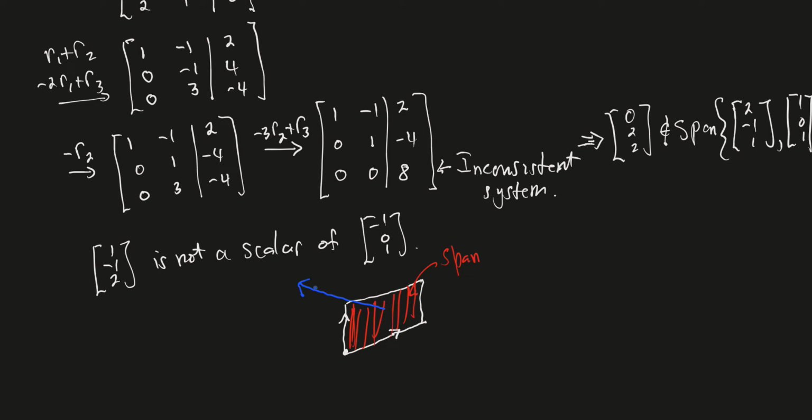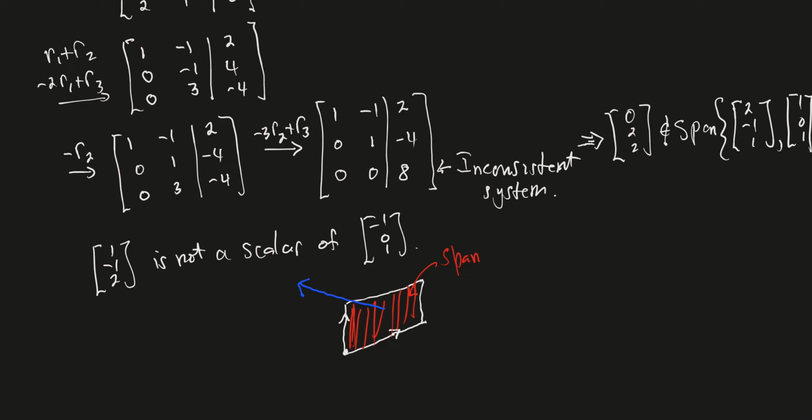And that's what it means geometrically if I span two vectors, let's say in R3, or technically any dimension. If I span two vectors, and I find that a third vector is not in that span, it means that if I put the initial point somewhere in the plane, the vector is not going to stay in the plane. It's not going to be parallel to the plane.